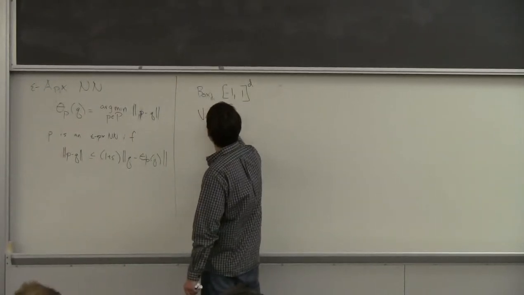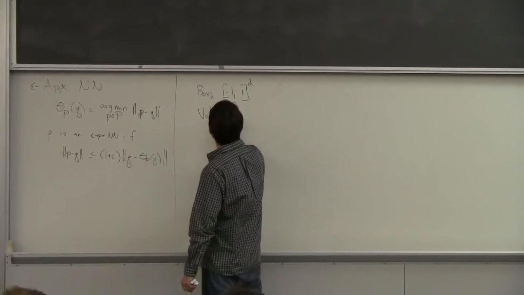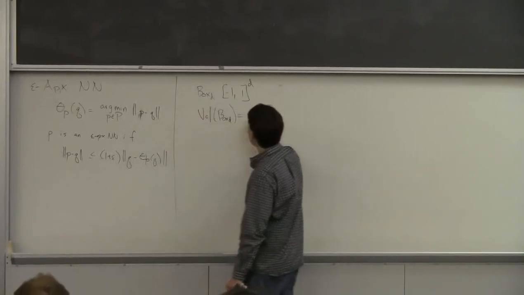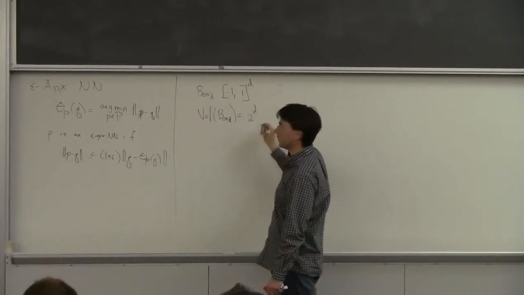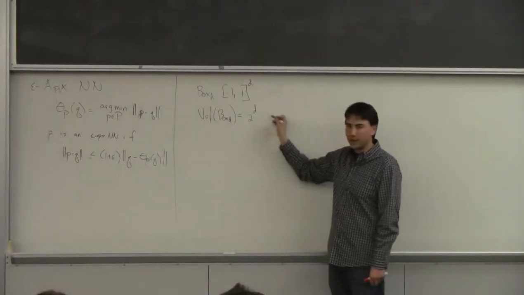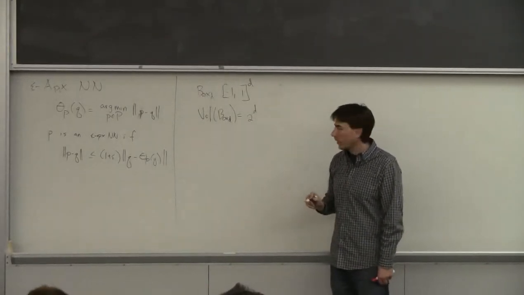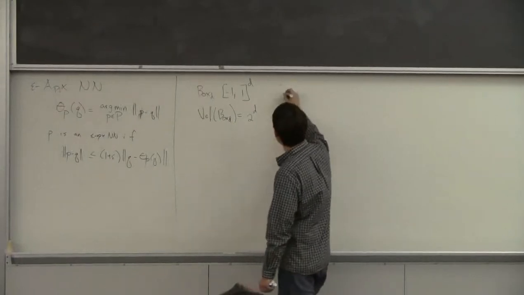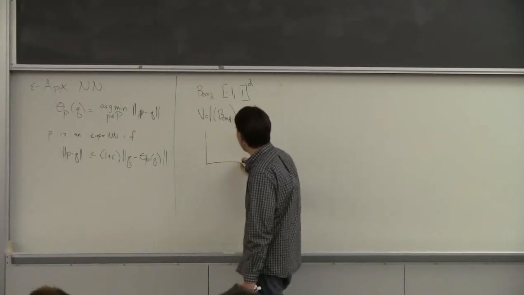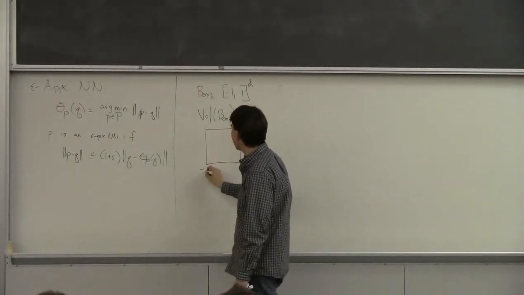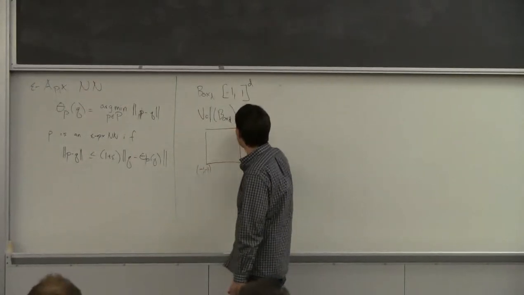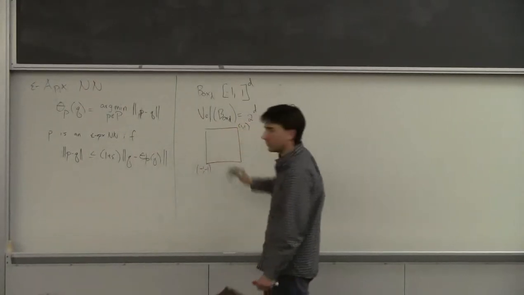The volume of this box of d is going to be 2 to the d, so this is growing exponentially in d. This is -1, -1, this is 1, 1, and this is the box.